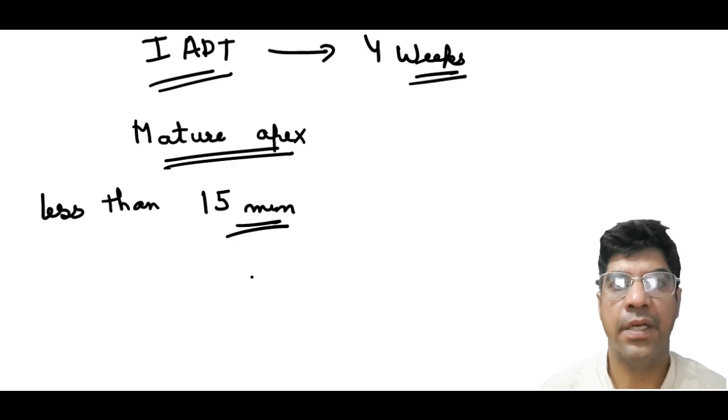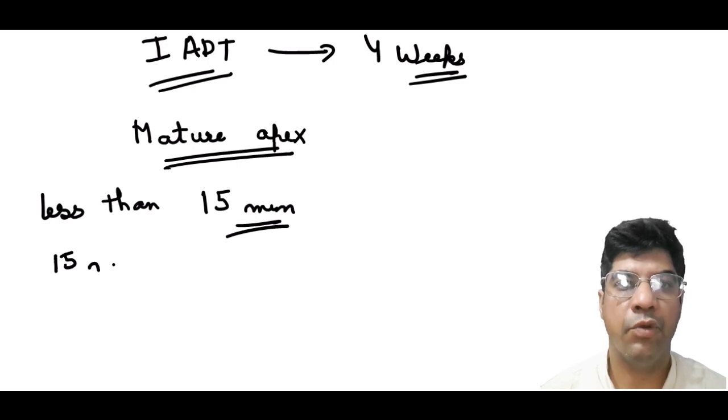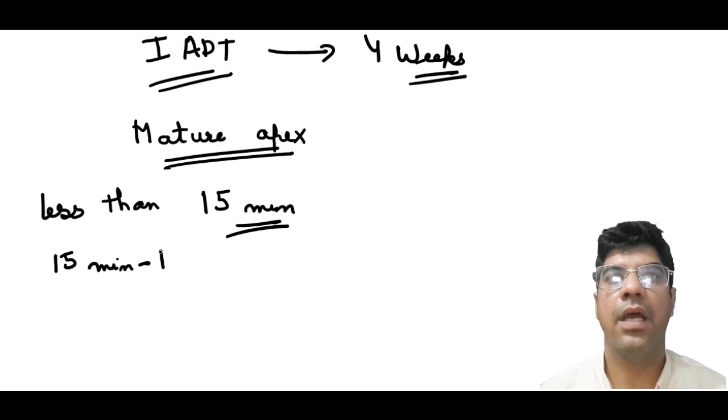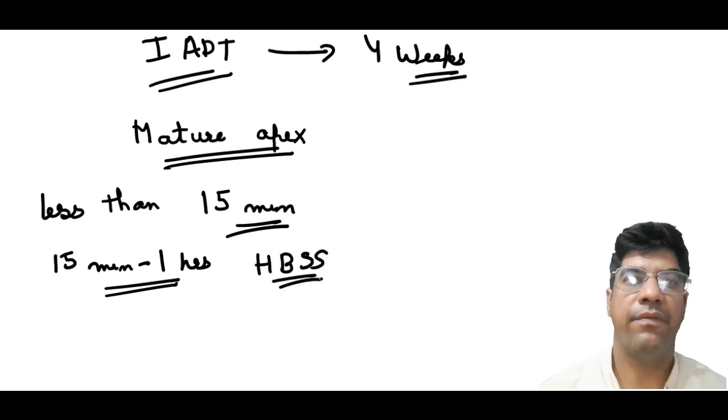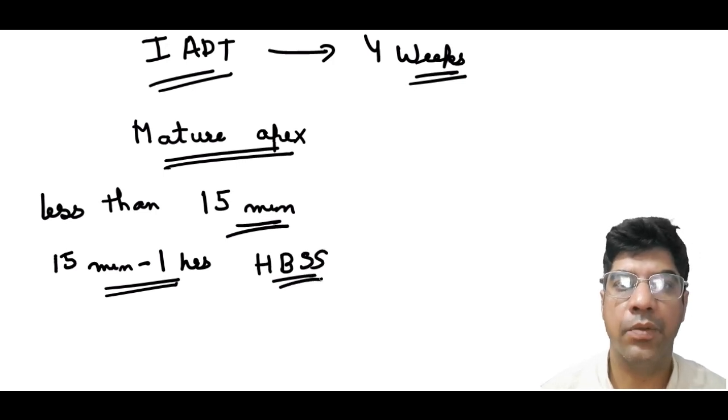If the time is 15 minutes to 1 hour, you have to place it in Hank's balanced salt solution for 30 minutes, flush the socket, reimplant the tooth and splint it.